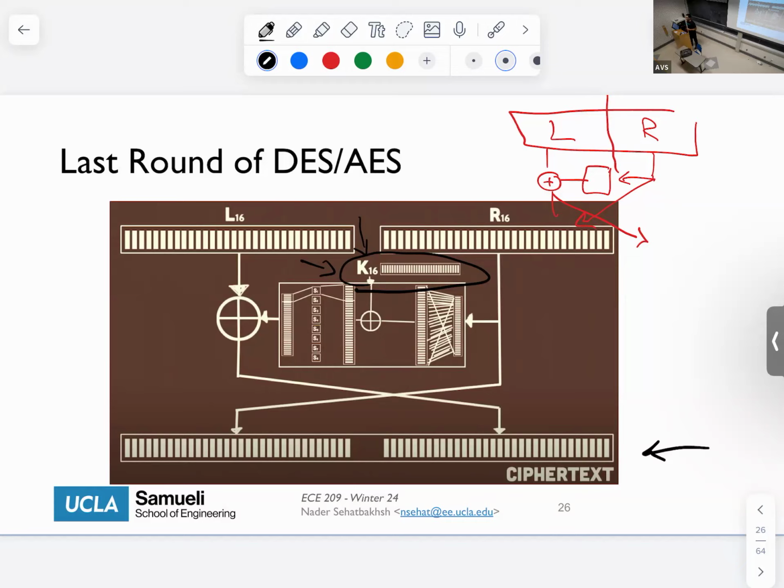So how do we do that? We start with a very simple observation. Let's assume that all these bits of right and left are all random except this last bit here, the most significant bit of this last round of DES, and we want to see whether this is 0 or 1.